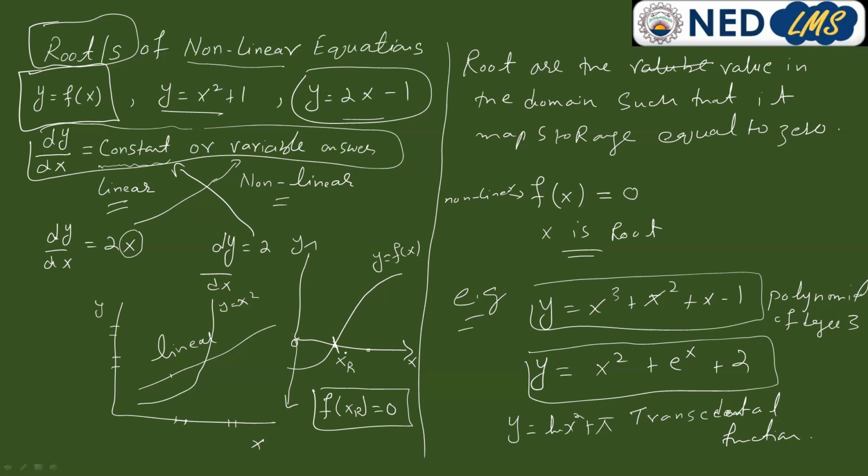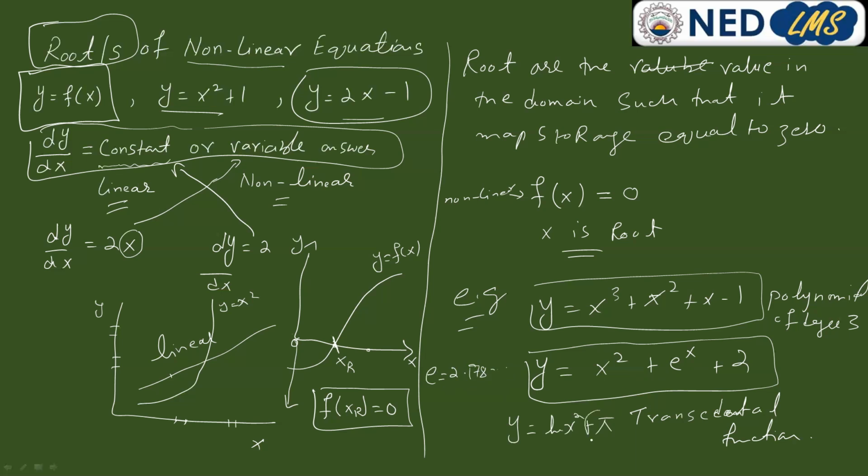Transcendental equations are those equations which usually cannot represent the answer exactly. For example, we all know that this equation has a parameter e, which is called Euler's number, and it has a value of 2.718 something, which is irrational. It will continue further. So if I put any such constant in the equation, then I never get an exact answer.